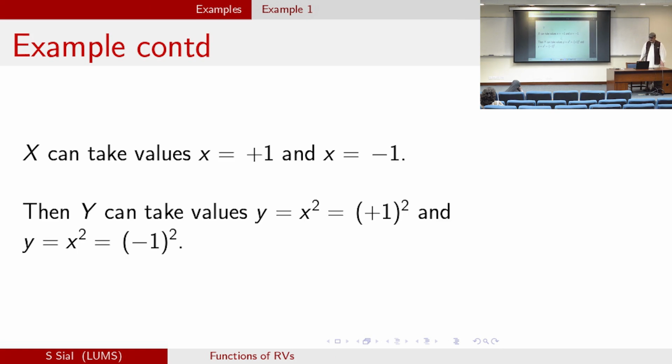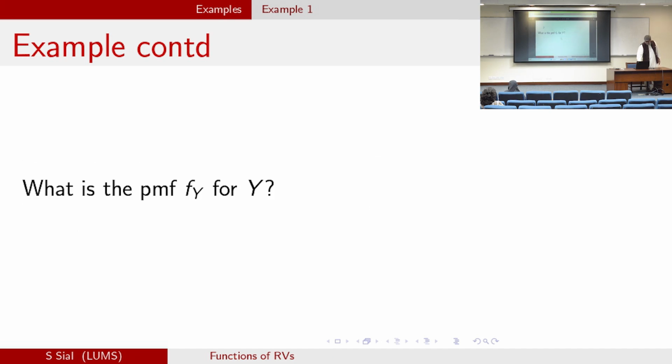So once again, x can only take the values +1 and -1. Then y can take the values y equals (+1) squared and (-1) squared, which are both +1. Okay? So now, how would you define the PMF for y?